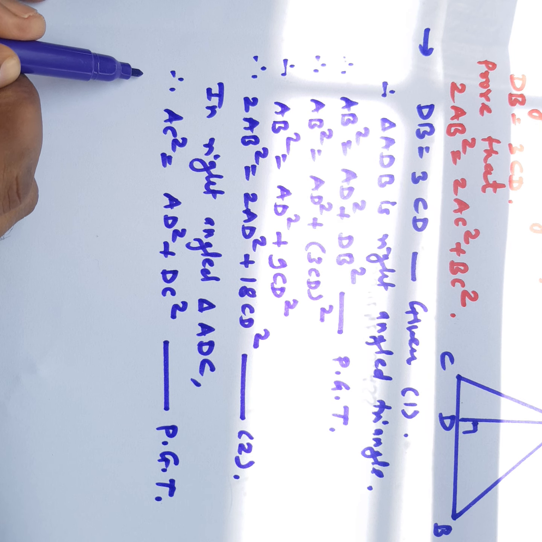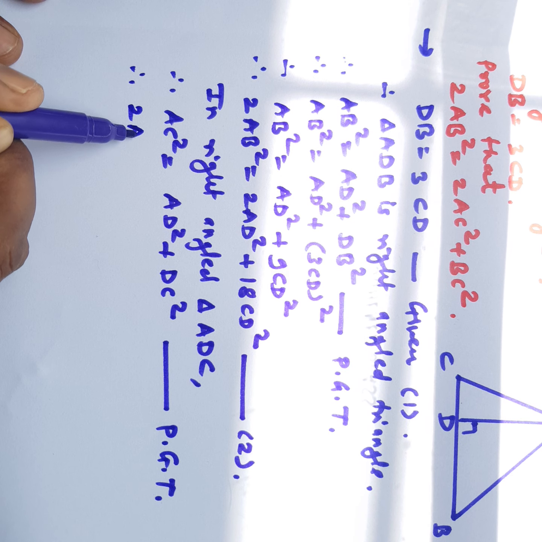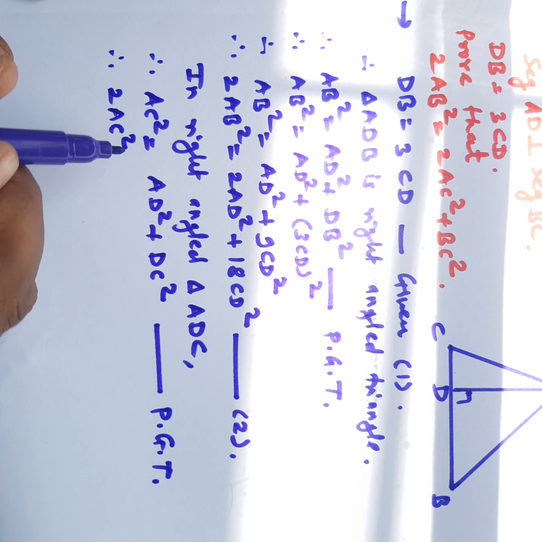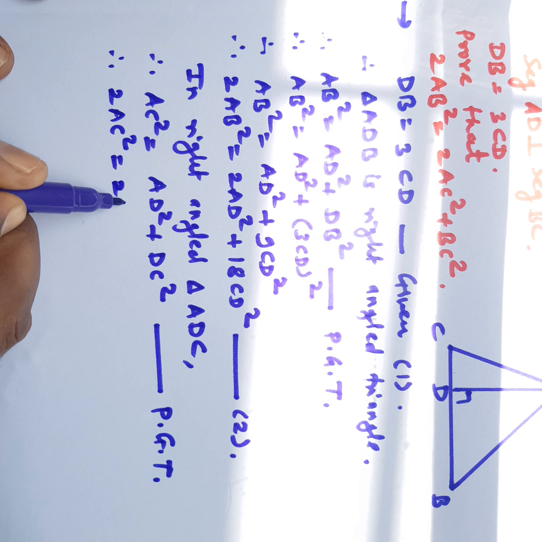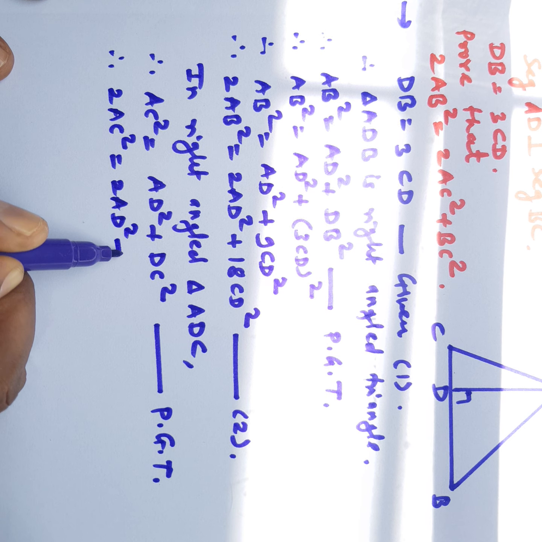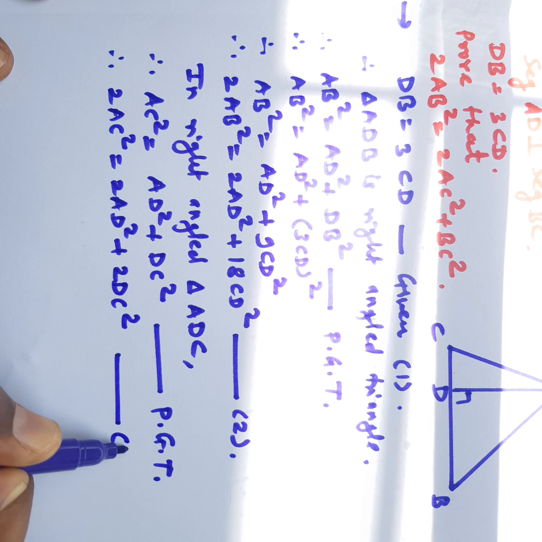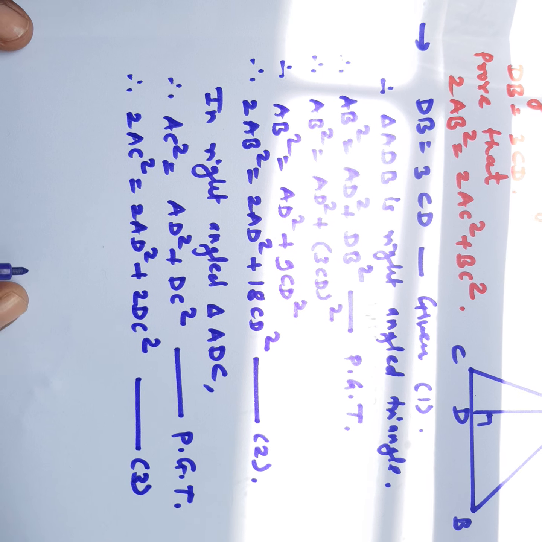Therefore, by multiplying by 2, because on the right hand side there is also 2AC square, 2AC square is equal to 2AD square plus 2DC square. We will give number 3 to this equation.